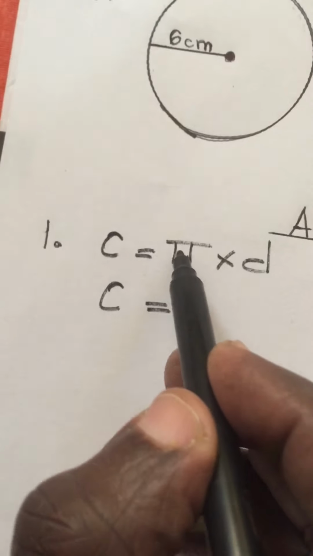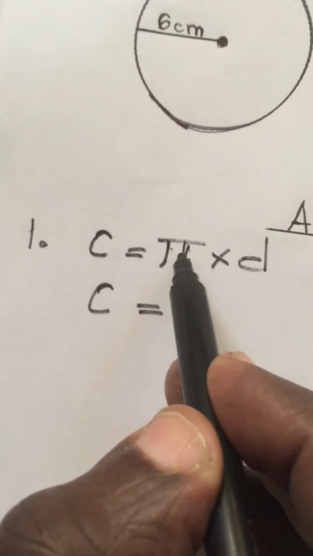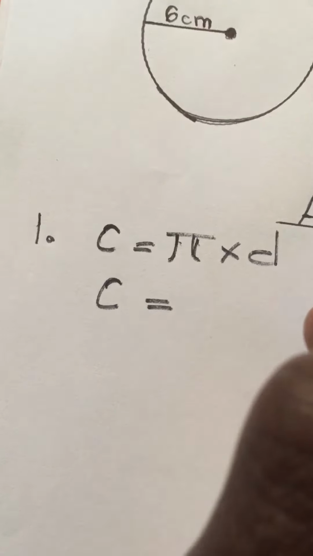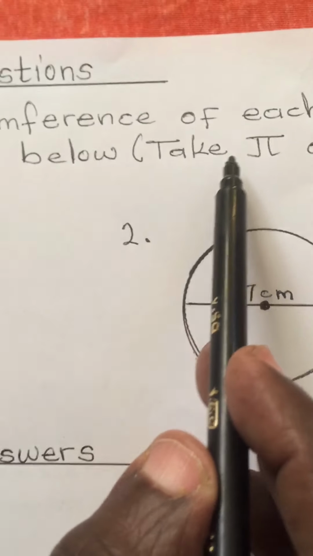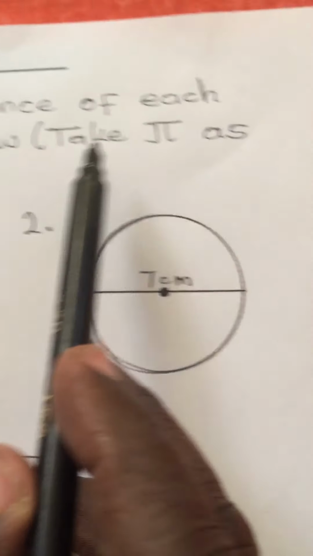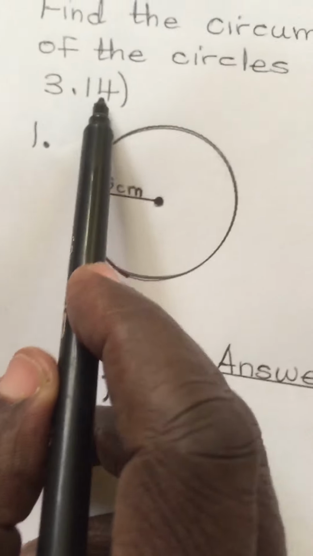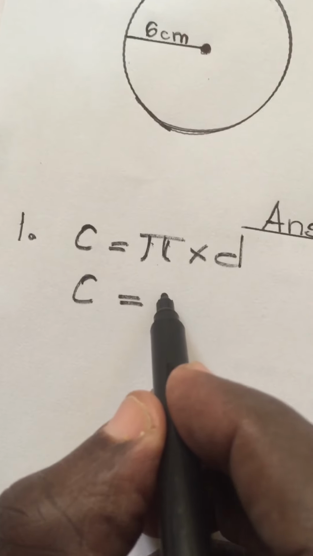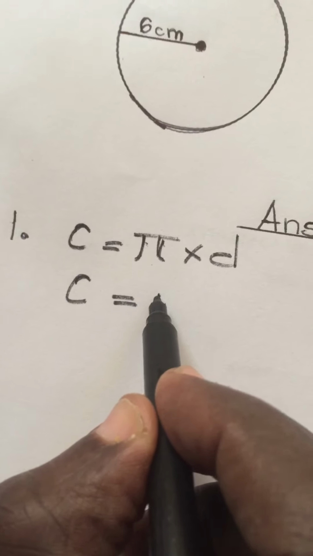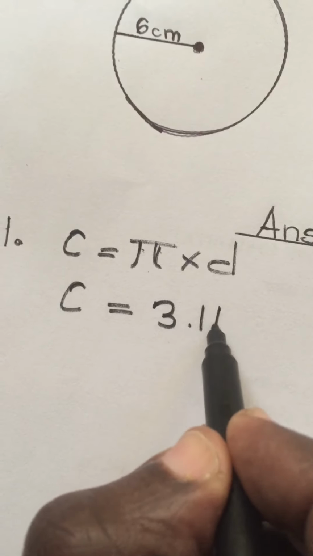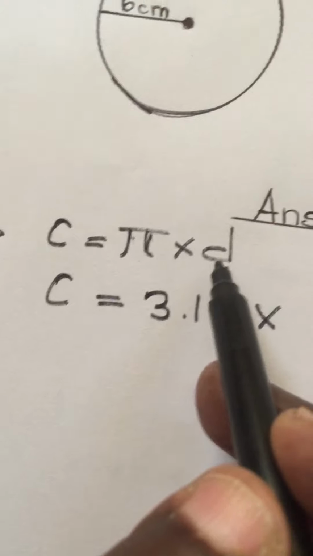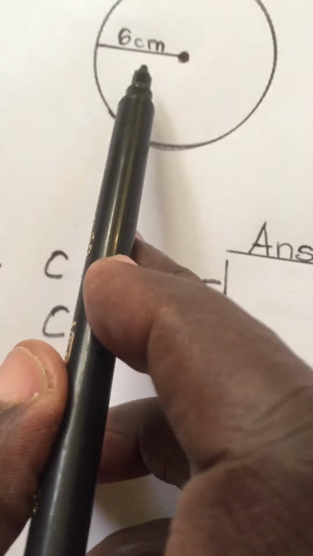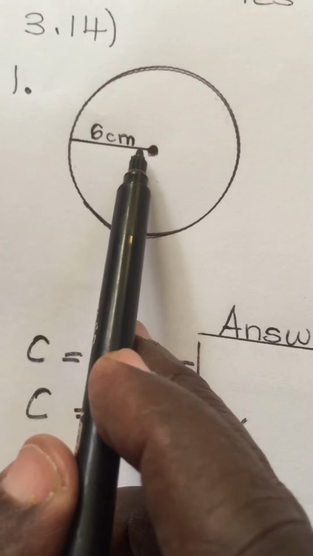Our pi, we are told here, take pi as 3.14. So instead of writing pi there, we write what we are told, 3.14 times diameter.